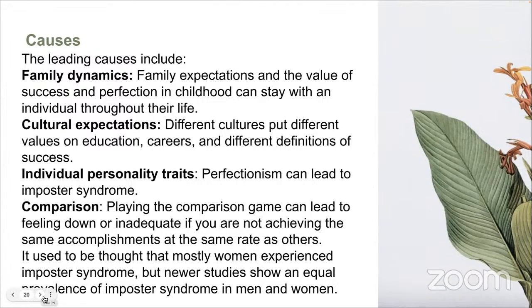The fourth cause is comparison, either from the people around or from the person himself, as playing the comparison game can lead to feeling down or inadequate if you are not achieving the same accomplishments at the same time or same rate as others. It used to be thought that mostly women experience imposter syndrome, but newer studies show that there is an equal prevalence of imposter syndrome in both men and women.